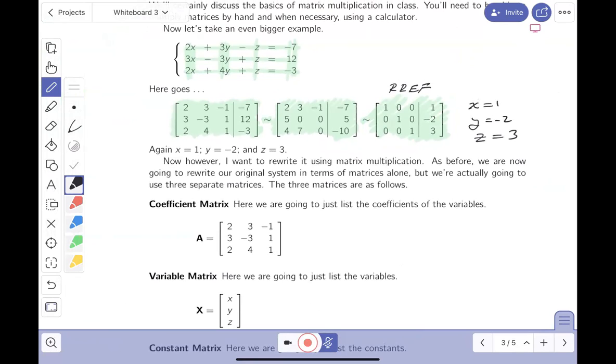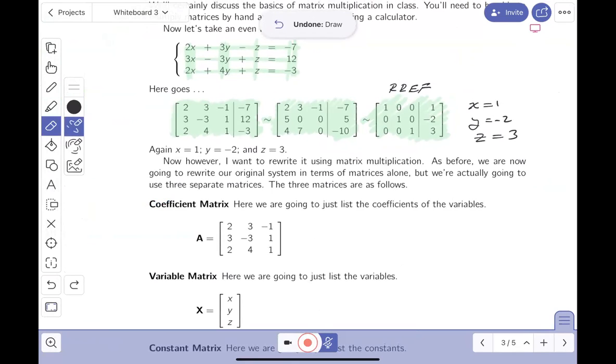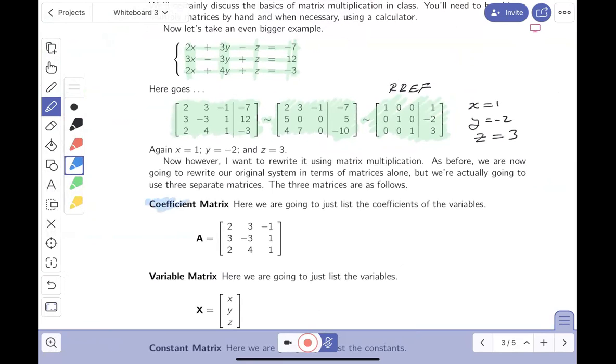So what's A? It's still the coefficient matrix. And what are the coefficients? Well, the x coefficients are 2, 3, 2.